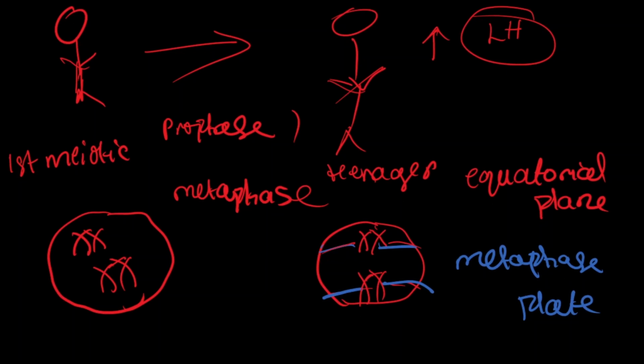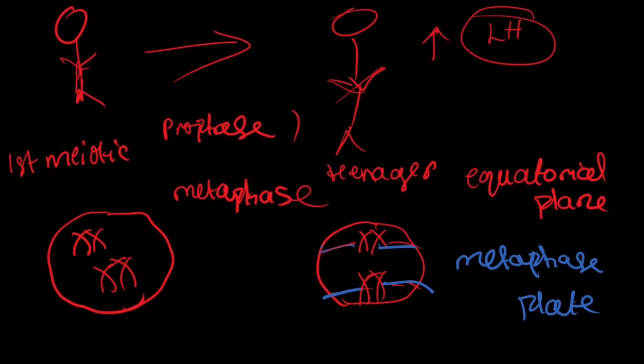So just as a recap, first we have the primordial germ cells migrating to the ovary. When they get to the ovary, they differentiate into oogonia. The oogonia proliferate by mitosis and increase in number. The oogonia further differentiate into primary oocytes. So far we have been dealing with a diploid cell.